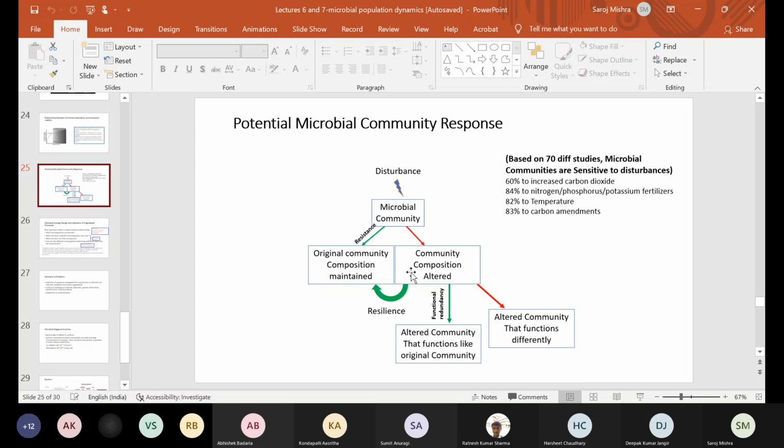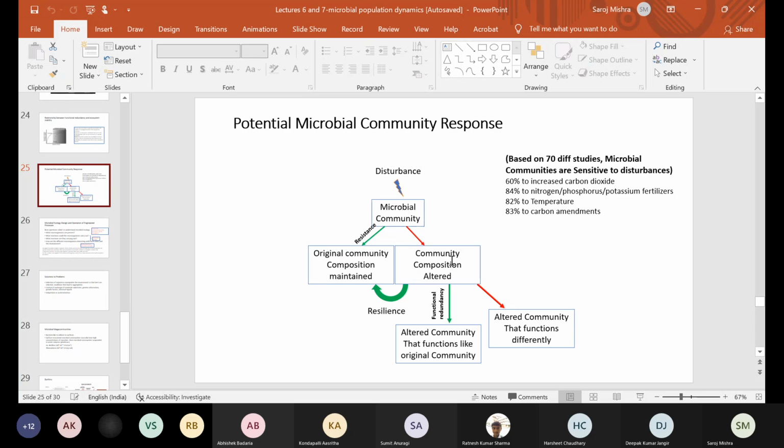So when we say that the community composition is altered, it doesn't necessarily mean acquiring new communities from outside. There are microbes which are capable of carrying out identical functions. That is, there is a functional redundancy in the community.